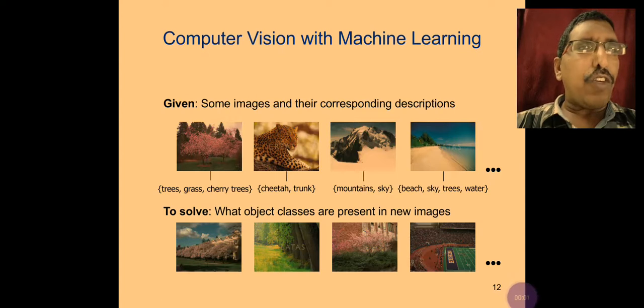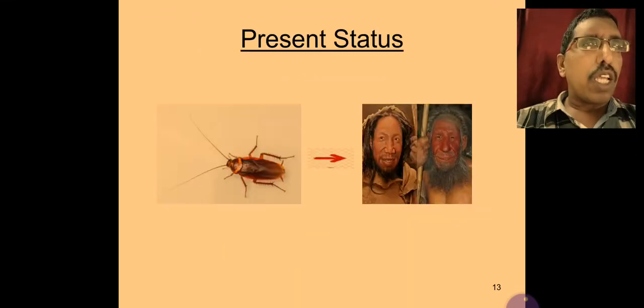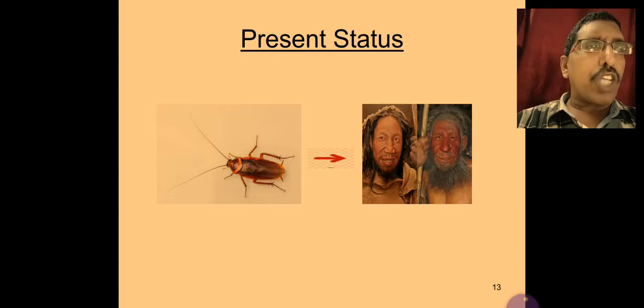But if you ask me what the status of present artificially intelligent computers is, I would say that the most powerful artificially intelligent computer is equivalent to a lobotomized cockroach. You heard it correctly.